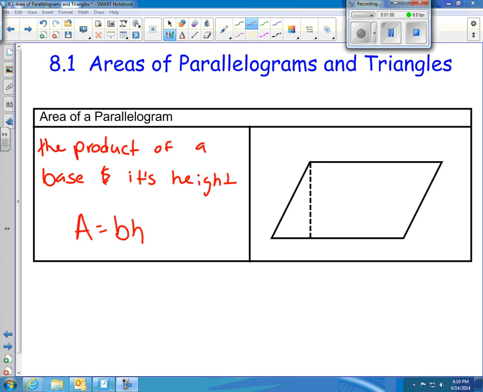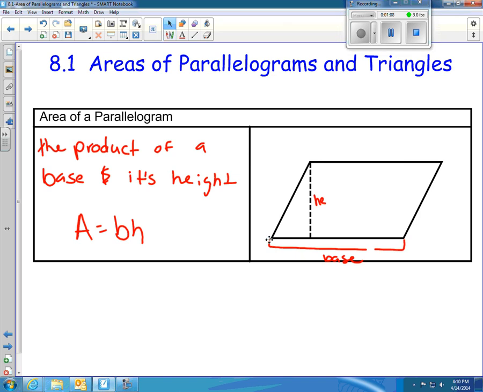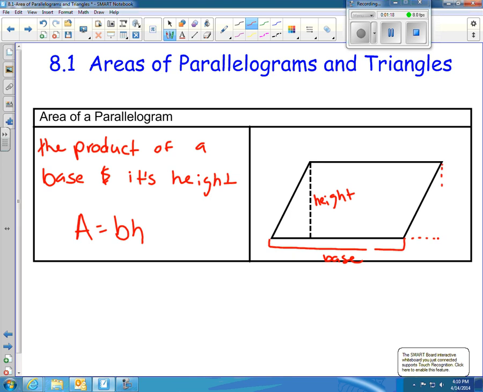Base, just remember, is the whole length down here, and height is going to be here. Oh, there we go. Height. And notice that the slant is not the height. And sometimes our height occurs outside of our parallelogram, but that's okay because it's still telling us a perpendicular distance.